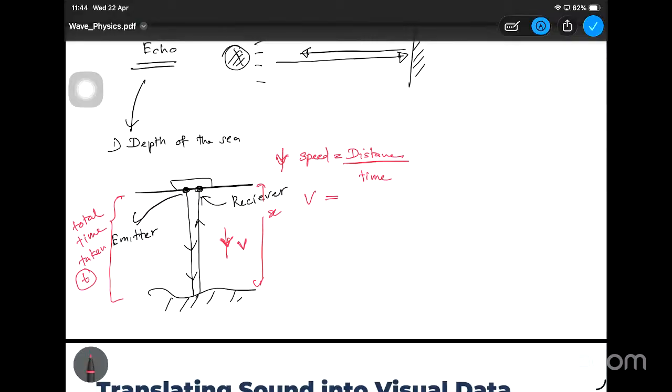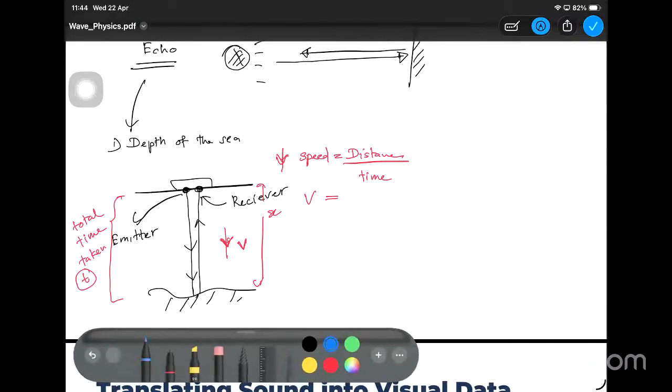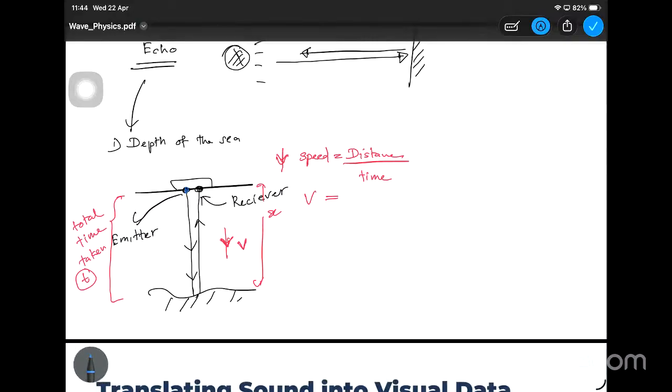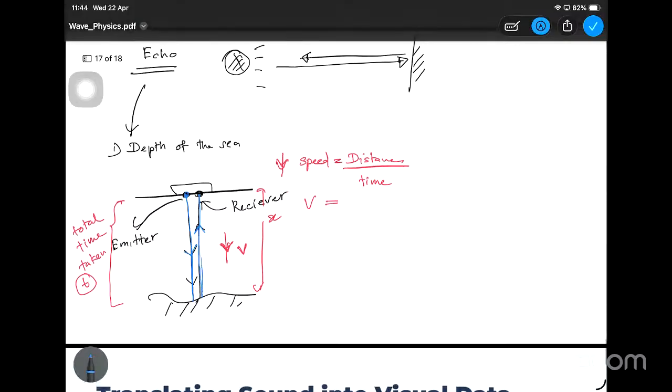Here the sound wave will be emitted first, travels X distance downward, then reflects and travels another X distance upwards.